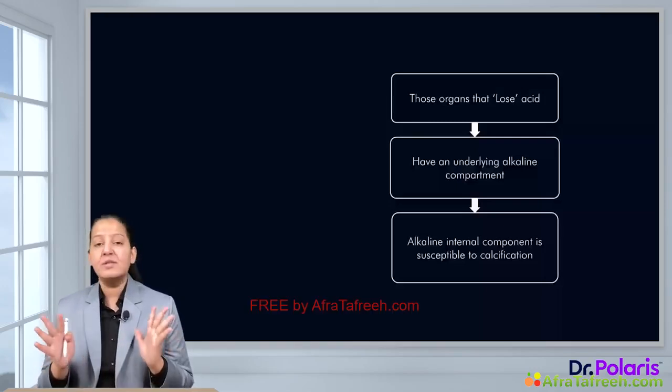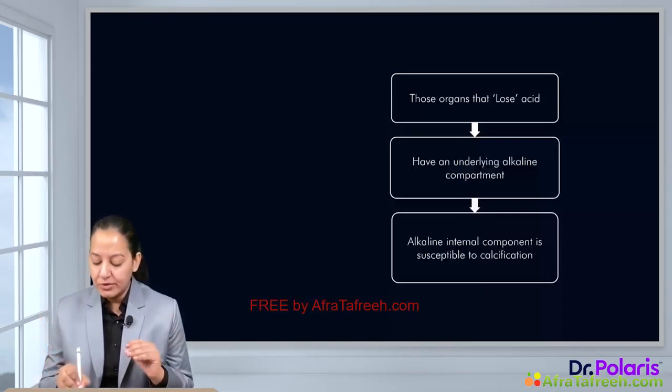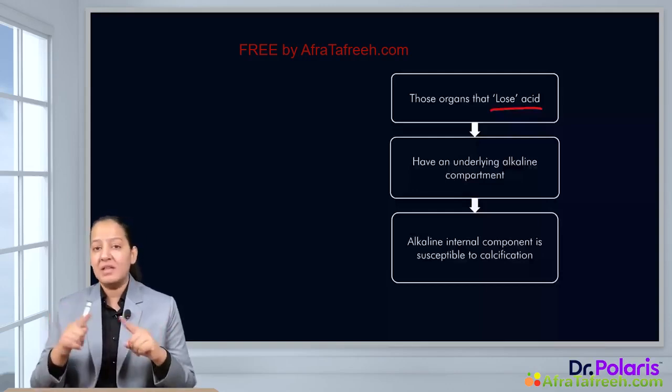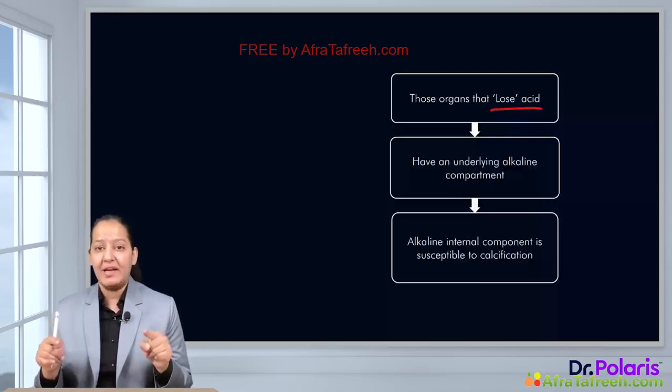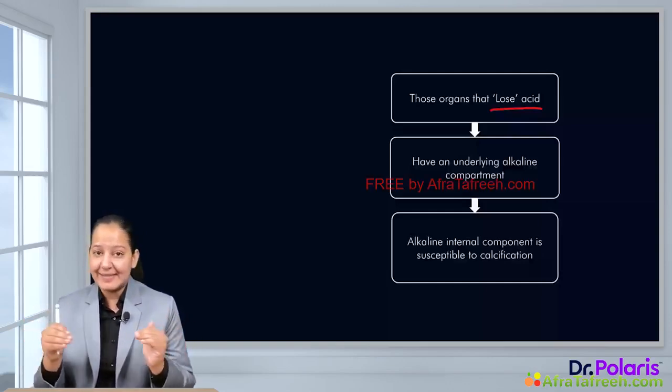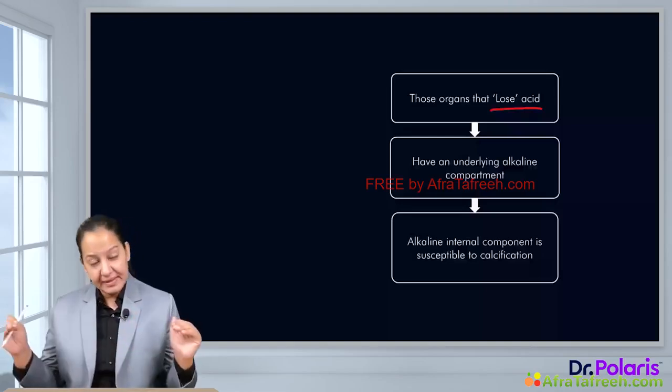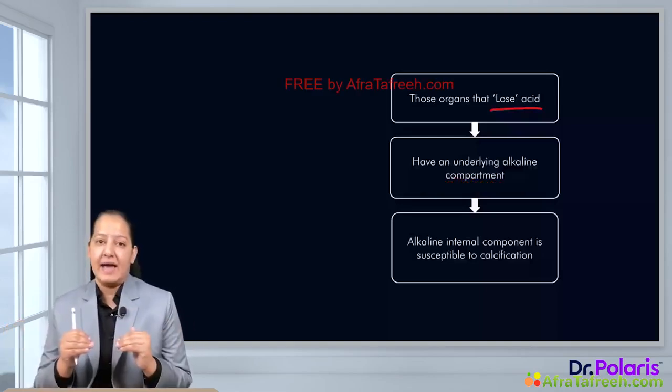In the pathogenesis, you must understand in the human body, there are some organs which lose acid. The best example is the gastric mucosa in the stomach. In the stomach, the gastric lining, the parietal cells lose HCl, and HCl is secreted in the lumen of the stomach, but the parietal cells are secreting this acid.